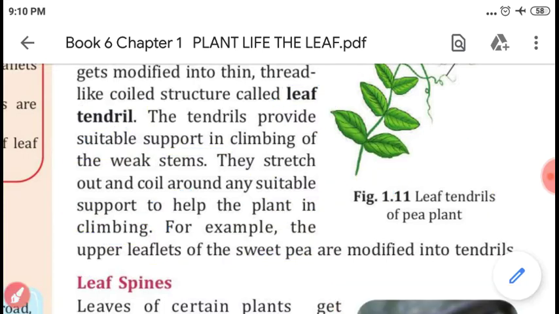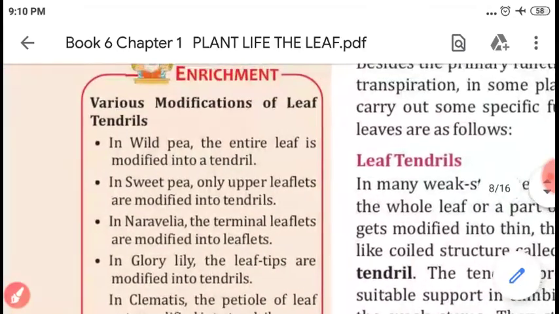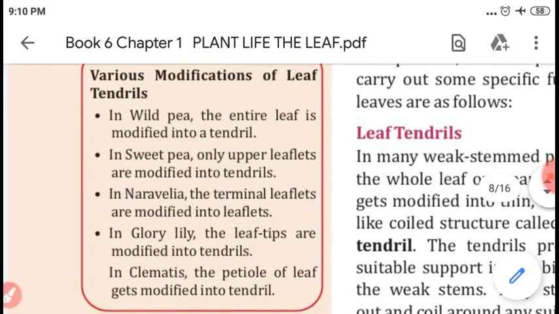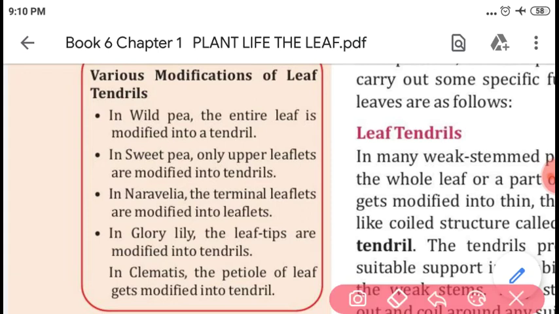Okay. Now students, just see here, enrichment is given. You have to learn this enrichment. It's an important point. They may come in exams as fill in the blanks, or as true or false. So what are the various modifications of leaf tendrils in different plants?